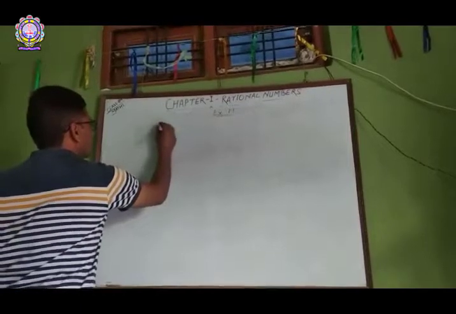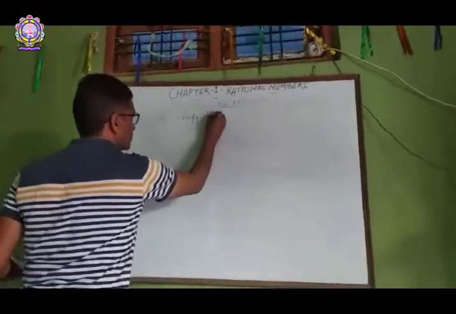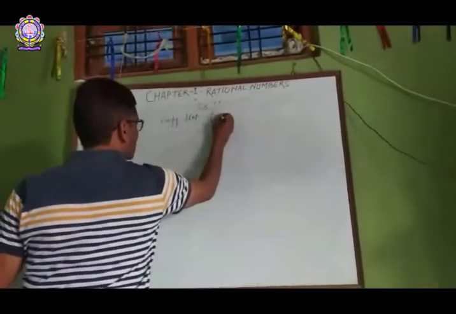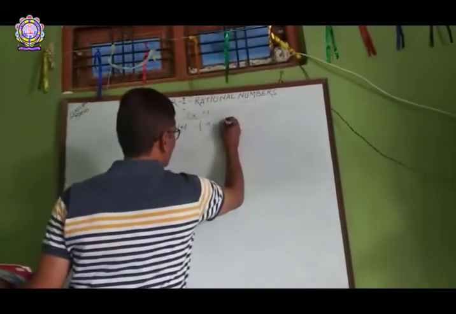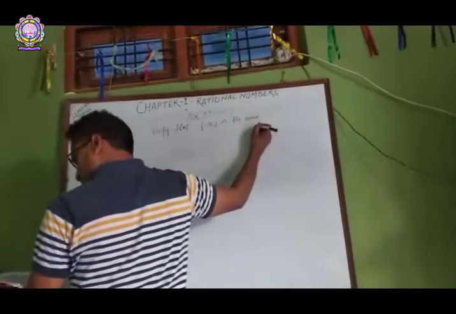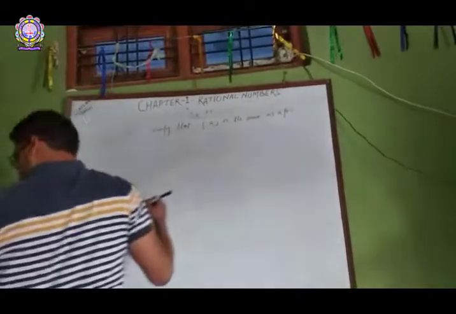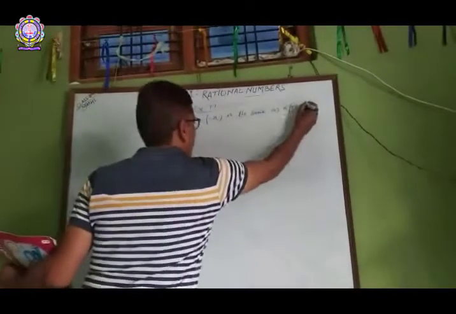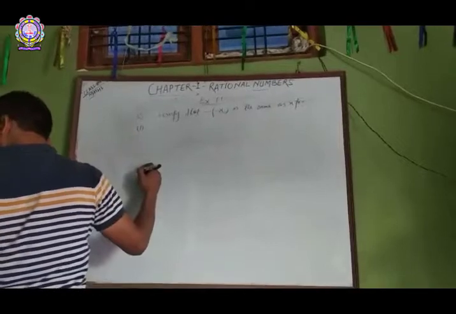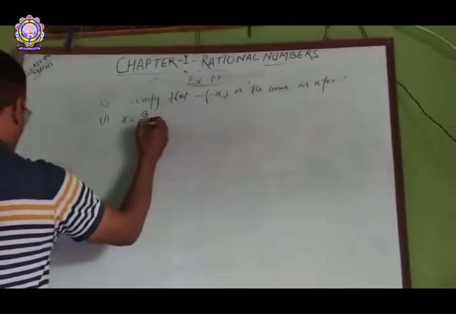Question 5 is: verify that minus of minus x is the same as x for part first, x is equal to 13 upon 41.